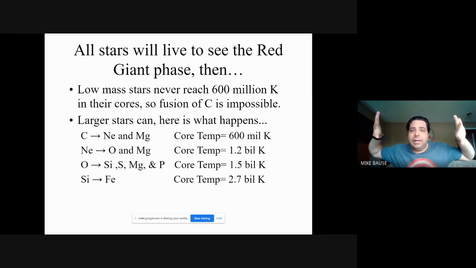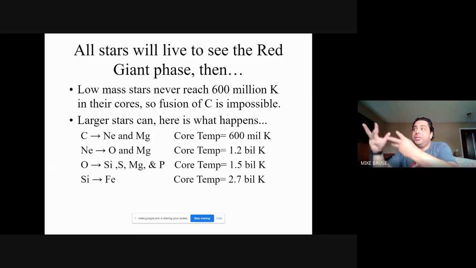Remember, gravity is always trying to collapse that core. Something has to stop it, right? And the fusion was generating the heat to push it back. Iron is not generating any energy. It actually takes energy from the core. That actually helps gravity. Now, gravity has a partner, and it helps it to collapse the core. Makes that sound, by the way.